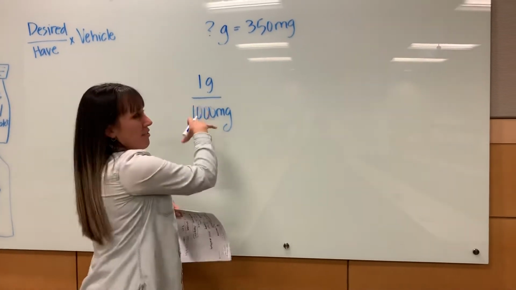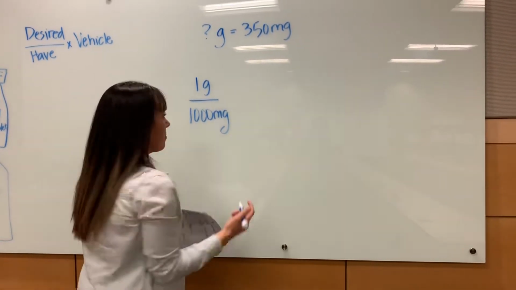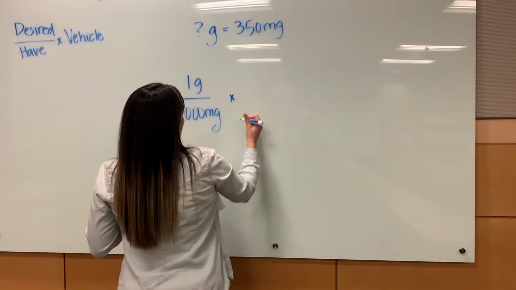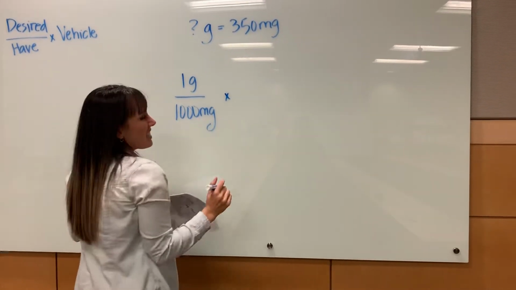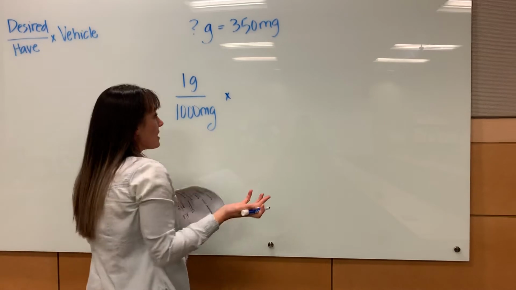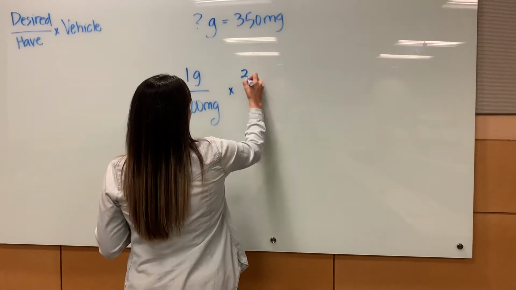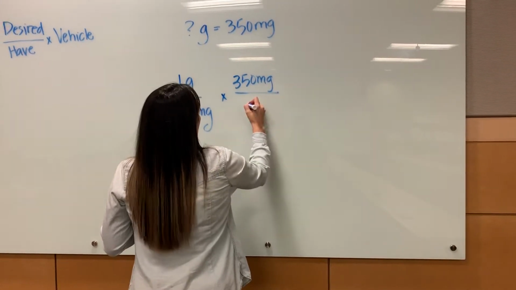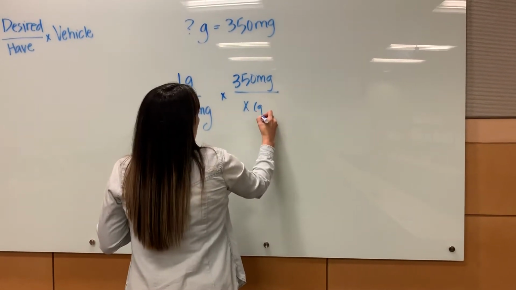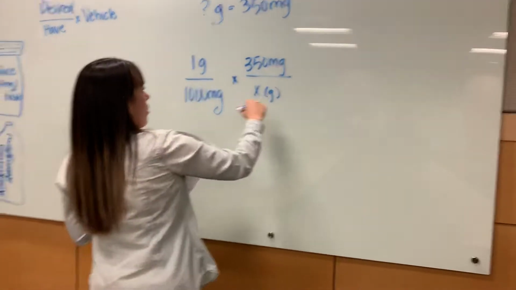This isn't a fraction, this is more like a relationship. I want to think about what I want to cancel out. I want to cancel out the milligrams because I want grams. So I'm going to put my milligrams on the top here, 350 milligrams. That's what we know. And we don't know what the grams are. That's kind of like an X, what we're trying to solve for.